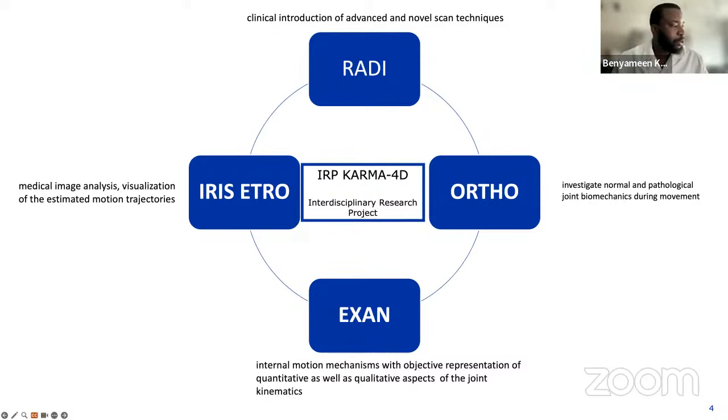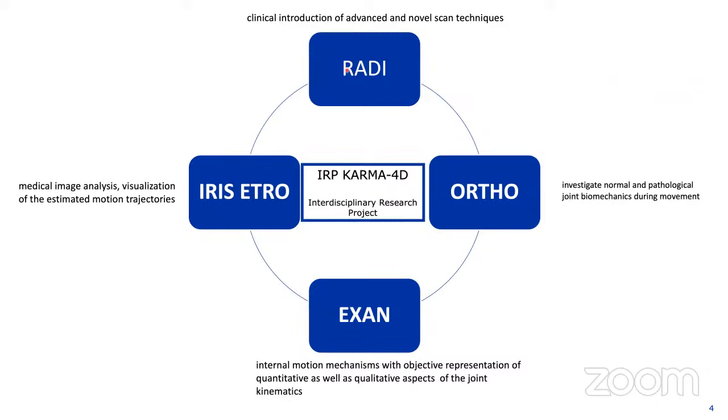We had people from the orthopedics department, as well as from the radiology department in the hospital, and then the engineering department, mostly for the image processing aspect of the work, and also people from the experimental anatomy department, which is known as EXAN. My activities were between the engineering department and the radiology department. I also had the opportunity to work with a lot of great orthopedic surgeons, and that's what motivated the way this work evolved.